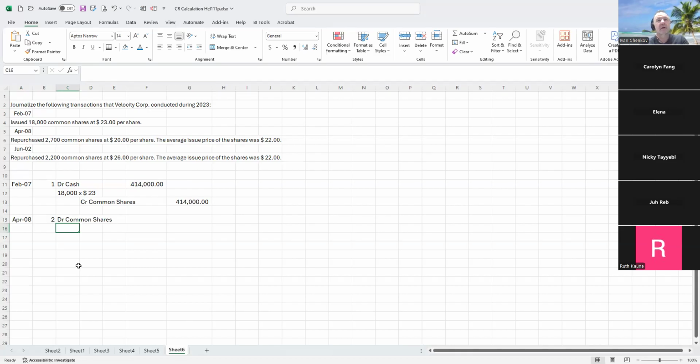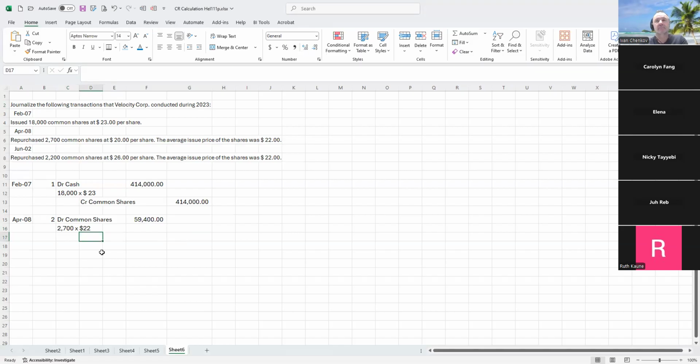What was the average price on our common shares that we're getting back? It's 2,700 times $22, right? So we're getting 2,700 times 22, which is $59,400 of common shares back. That's the value of the common shares, 2,700 at average price 22.